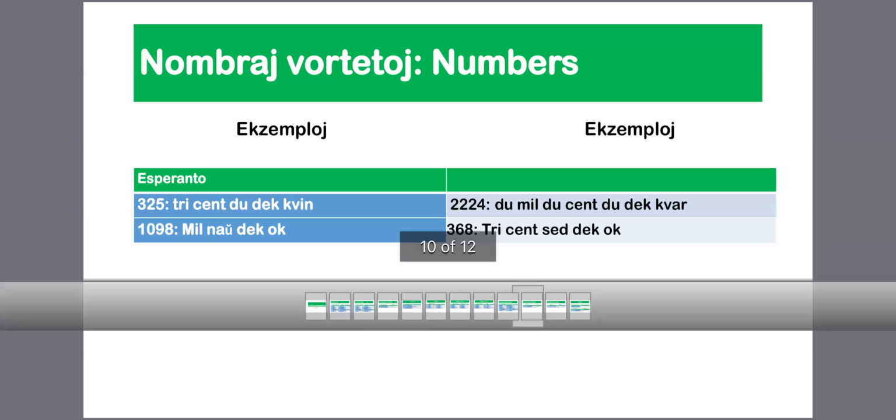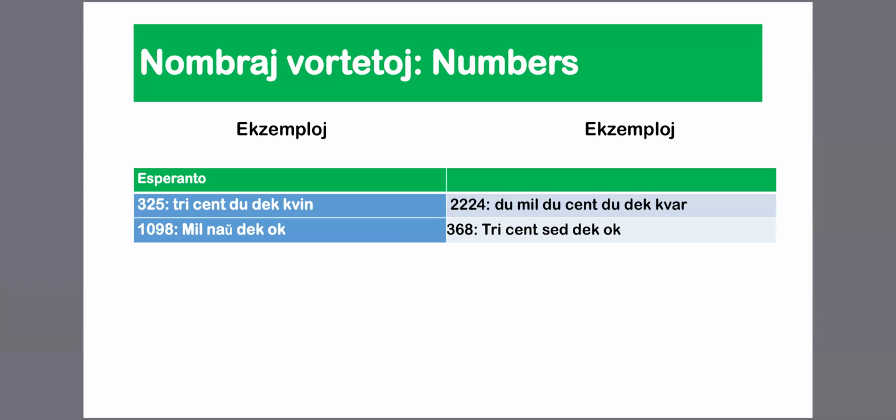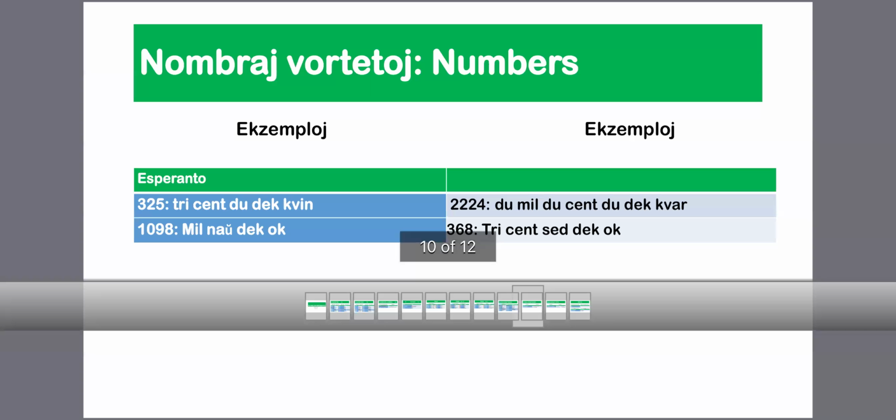Bon, Sarah, j'aimerais savoir votre année de naissance. Vous pouvez lire ça en espéranto? Sally, you can also tell us your birth year in Esperanto.